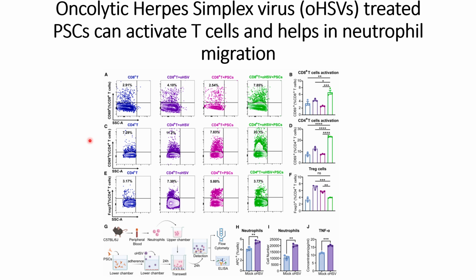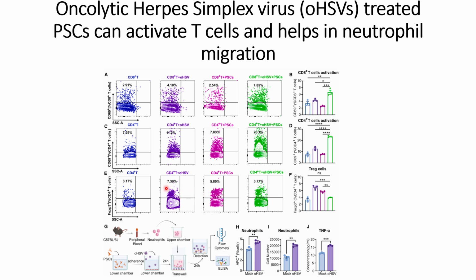Thereafter, they also checked a factor that helps in tumor proliferation or immune cell suppression, that is regulatory T cells, and they saw the expected results. For example, CD4 plus T cells with PSCs show an increase in regulatory T cells to some extent.